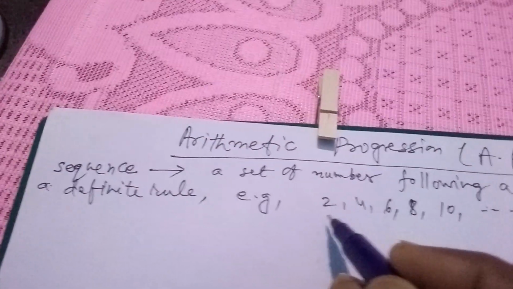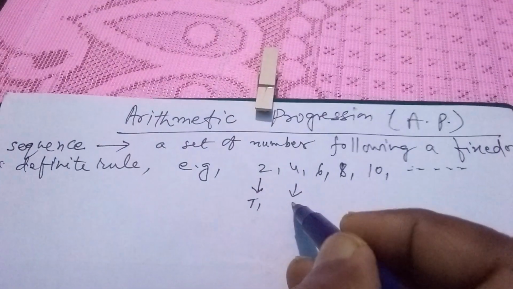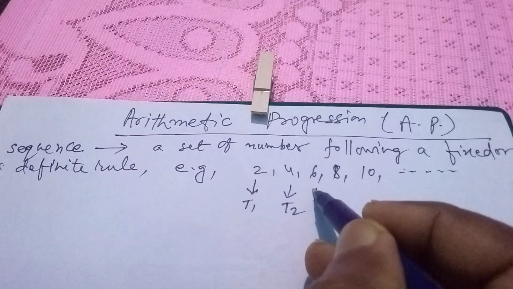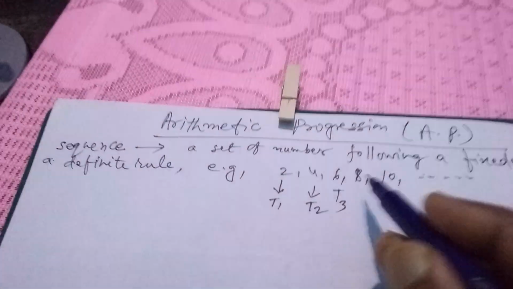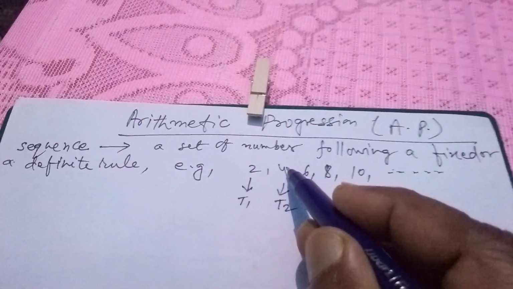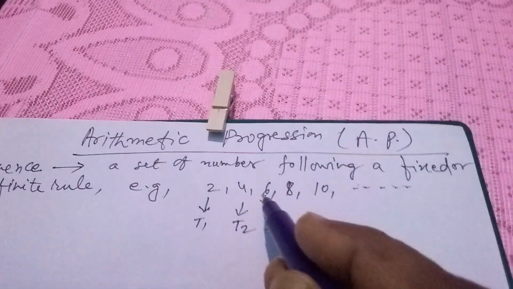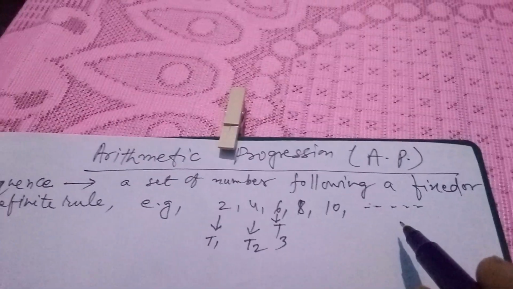Here you find the first term T1, second term T2, third term T3. T1 is 2, T2 is 4, so they differ by 2.